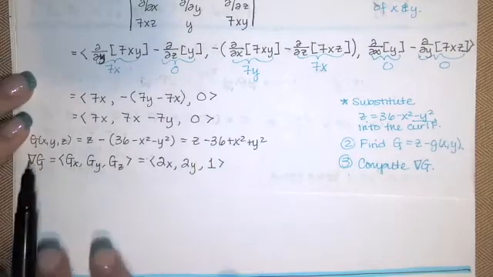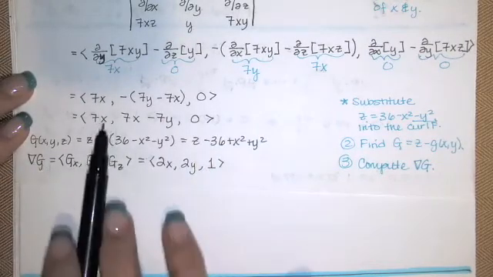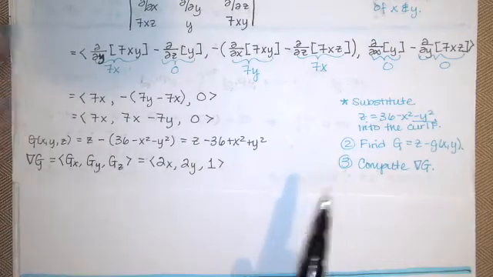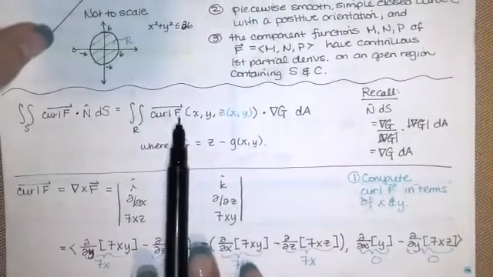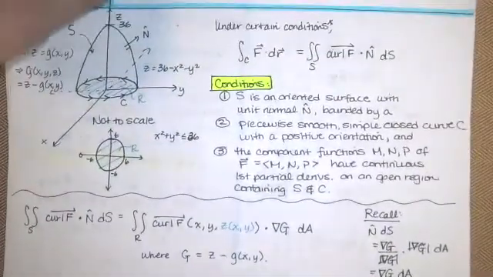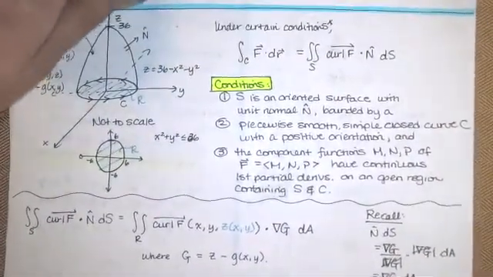Okay, so now I've got this as my gradient, and that is my curl in terms of x and y only. And now the formula tells us exactly what to do. We're going to compute the dot product of those. That will be our integrand. This is really, really easy. It's very straightforward.